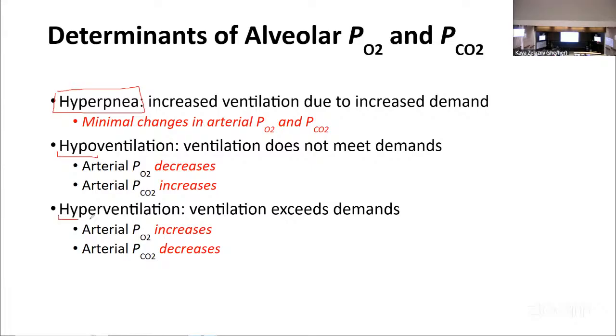Hyperventilation is the opposite, right? Say you're having a panic attack, you're breathing too fast, right? And you're not breathing too fast because you're exercising hard. You're breathing too fast for other reasons, right? So in this case, we've got ventilation, so air movement, that exceeds the demands you actually have for these gases. So in this case, we're going to see a buildup of oxygen, right?